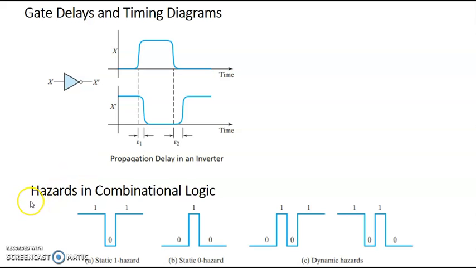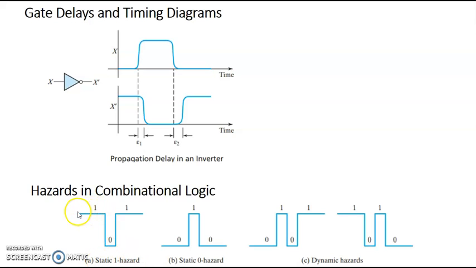Now we'll discuss hazards in combinational logic circuits. What are hazards? We are expecting a certain output constantly, but for a certain period of time there will be a change in the output. That is called a hazard. There are three types of hazards: static 1 hazard, static 0 hazard and dynamic hazard. What is a static 1 hazard?